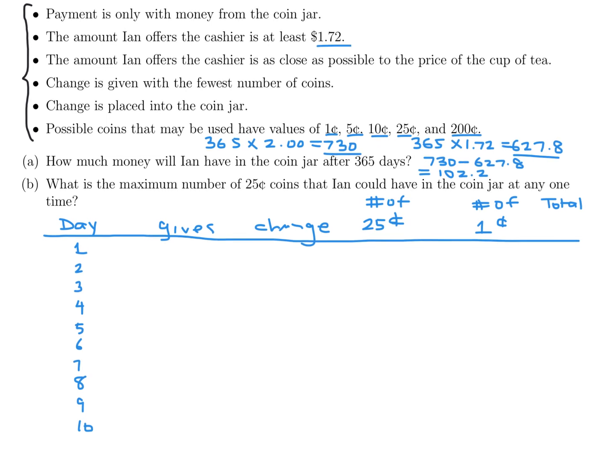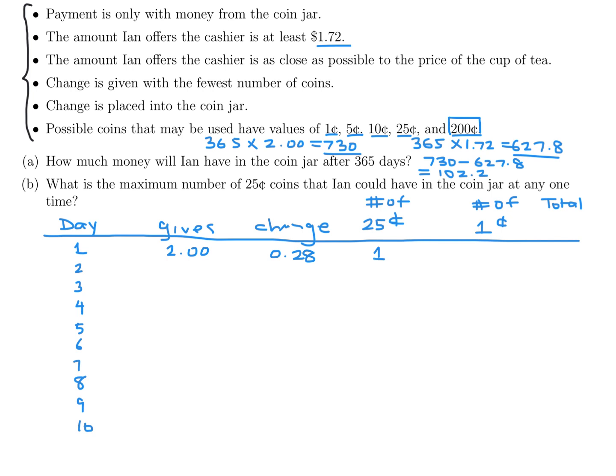All right, so in order to buy a $1.72 cup of tea, he would have to give one of these $2 coins. So he gives this $2 coin, and then he gets 28 cents change, right? Because it costs $1.72. So now that 28-cent change is given in the form of a quarter.